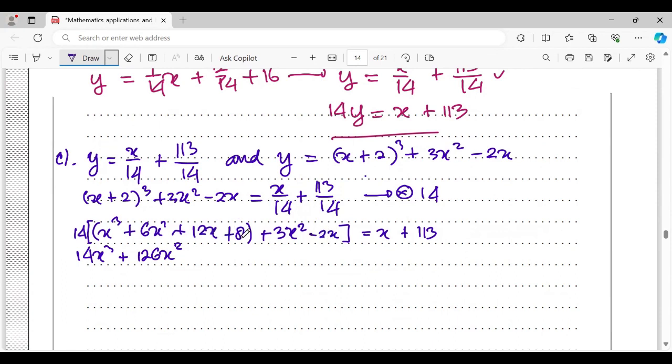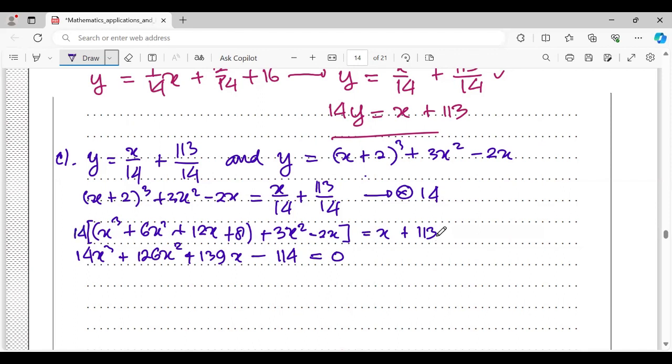Oh, there is x here. Okay, minus x as well. So after that, if you multiply and calculate, it becomes 139x minus 114 equals 0.